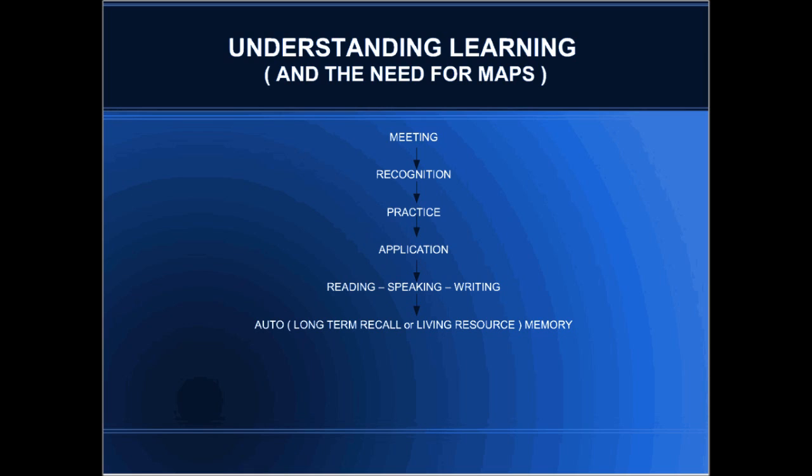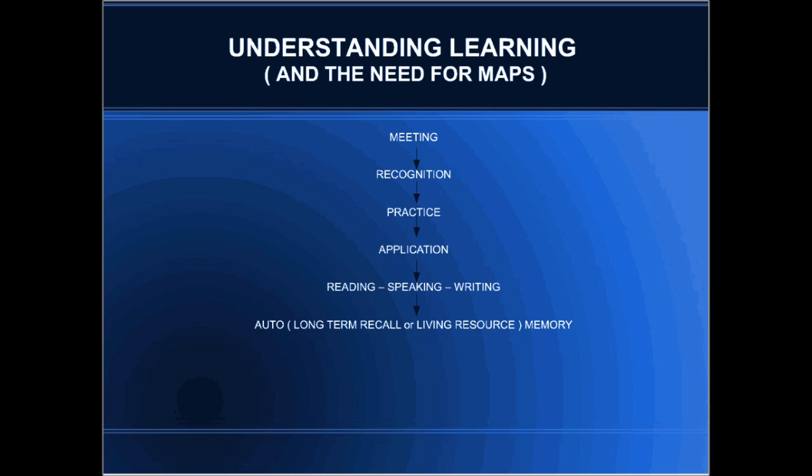This is taken from Jim Scrivener's Learning Teaching, and you can see here the processes that a learner should be going through when they meet new language, try to retain it and then use it.